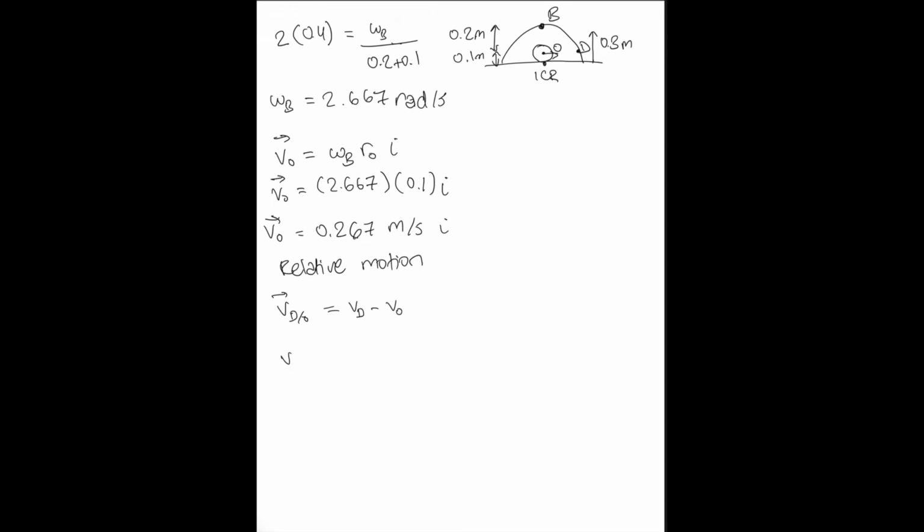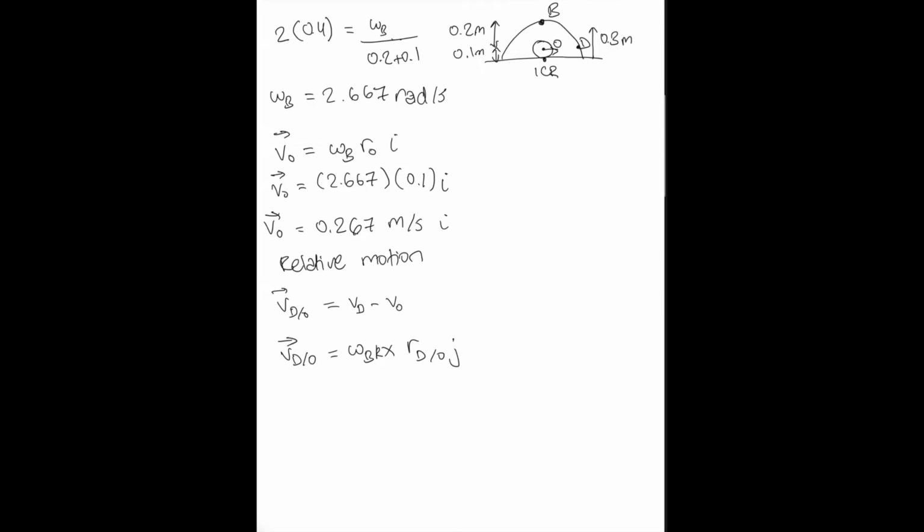And now to find VDO, it's going to be equal to omega B, because the angular velocity is going to be the same in the entire ball, or in the entire wheel, cross product RDO. It's in the K direction, and this is going to be in the J direction.